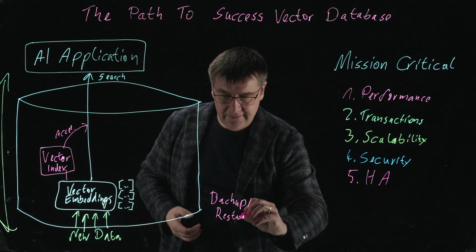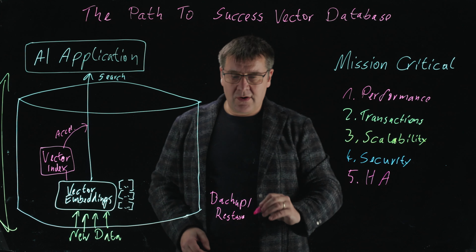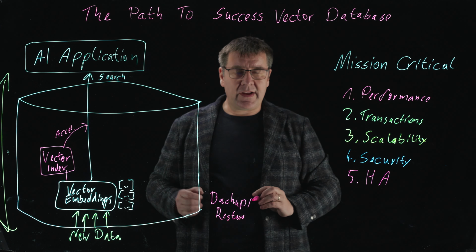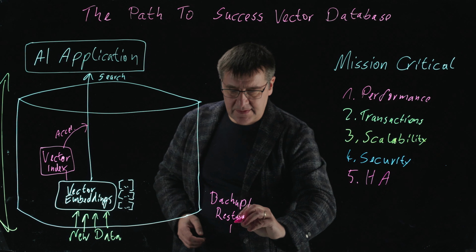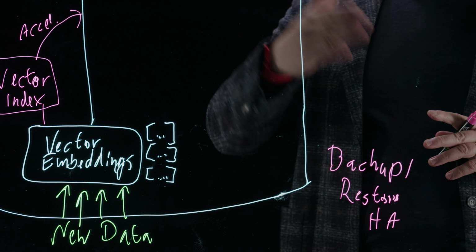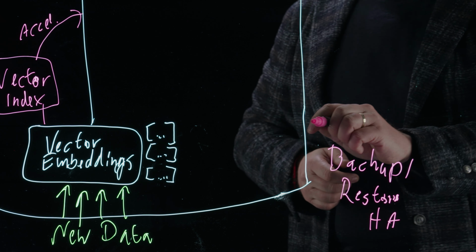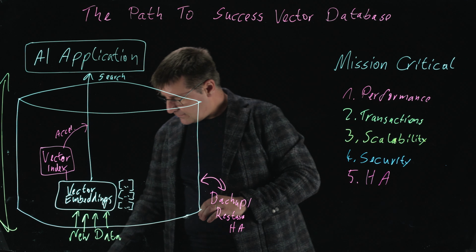How long does it take? Recovery times matter here. Or can you make this highly available by just having standbys? So other high availability mechanisms like standby systems taking over in a failover scenario. So this is critical as well in your consideration.